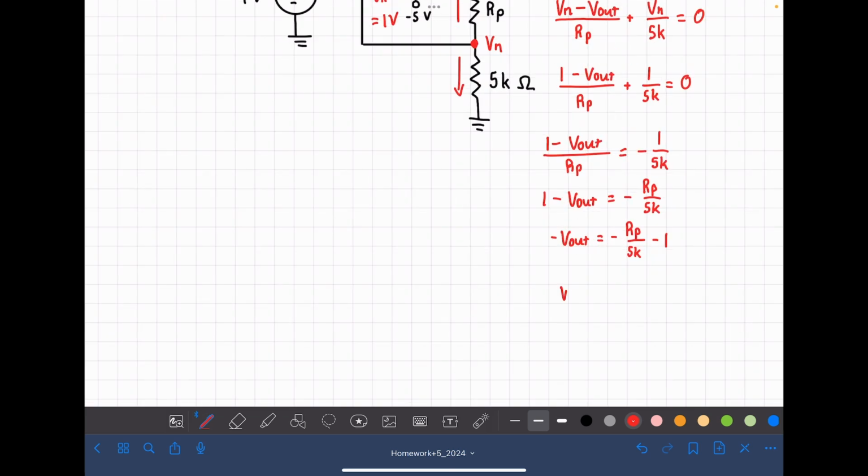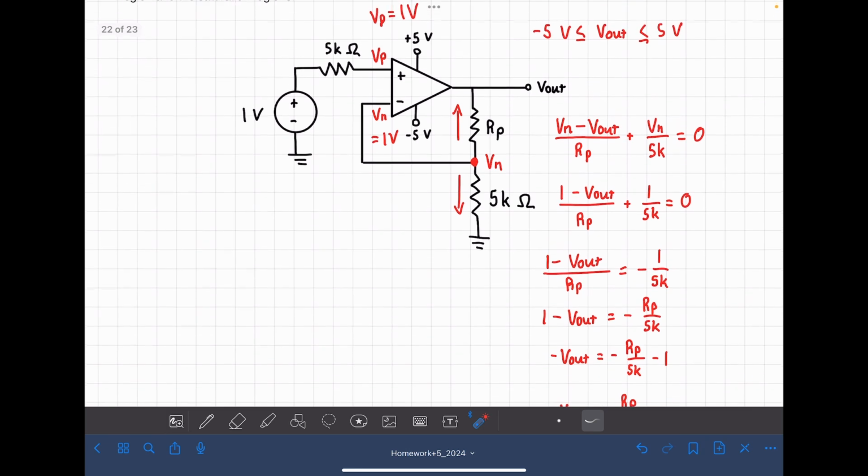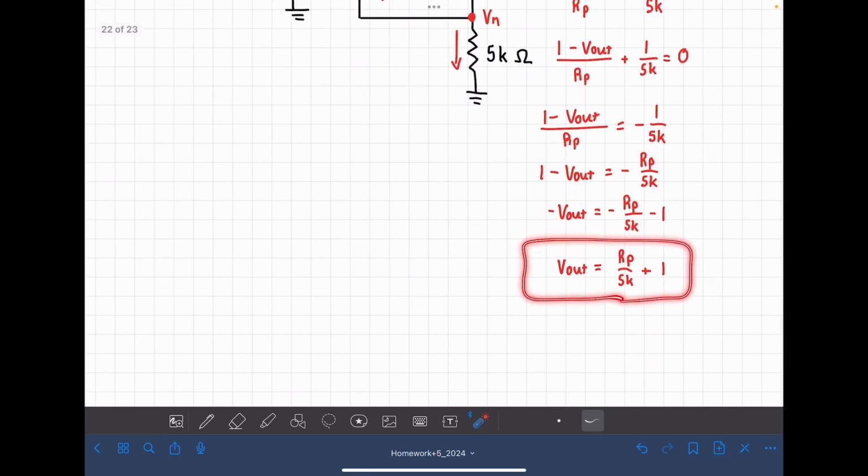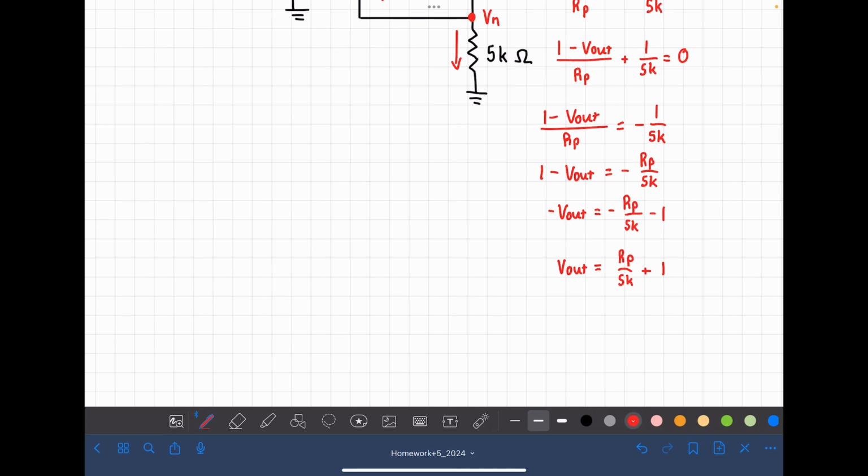And then we can just multiply everything by -1. So this is our final equation for V out in terms of Rp. But this is not accounting for our power limits up here. So we need to find the limits, the bounds of this equation, and then turn it into a piecewise function. So let's go ahead and do that.